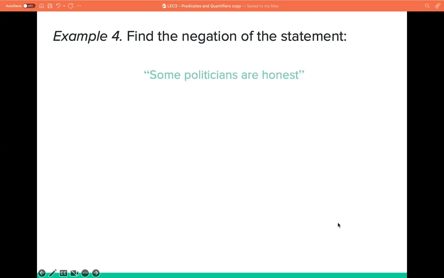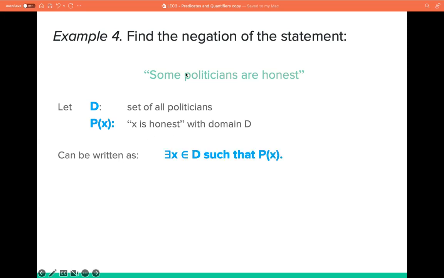Okay, and then we have another example. The statement is some politicians are honest. So the domain is the set of all politicians, and we have a predicate P of x such that x is honest. We can rewrite the statement as there exists x in D such that P of x.